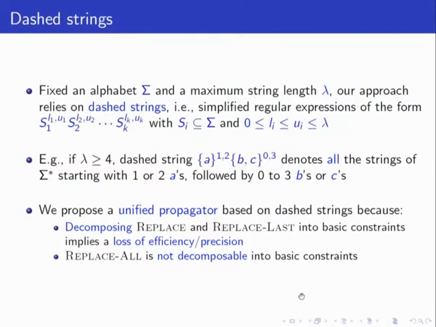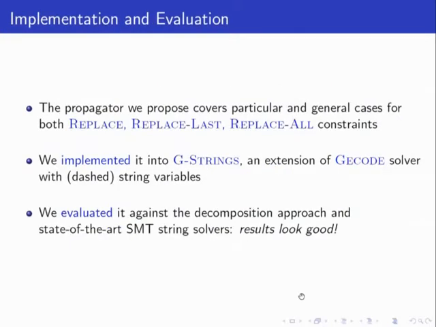We then propose a unified propagator based on Dash strings because, on the one hand, decomposing replace and replace last into basic constraints is possible, but it implies a loss of efficiency and precision. And on the other hand, replace all in general is not decomposable into basic constraints because we don't know a priori how many times a query string occurs in a target string. So we devised a propagator for all of these constraints.